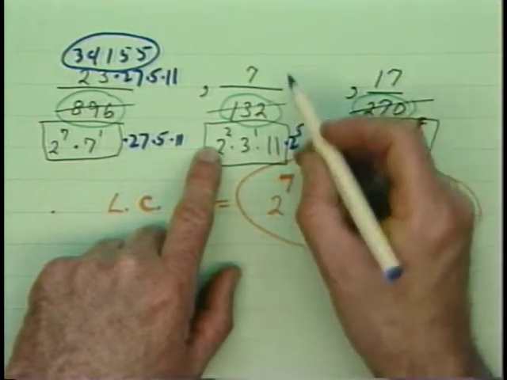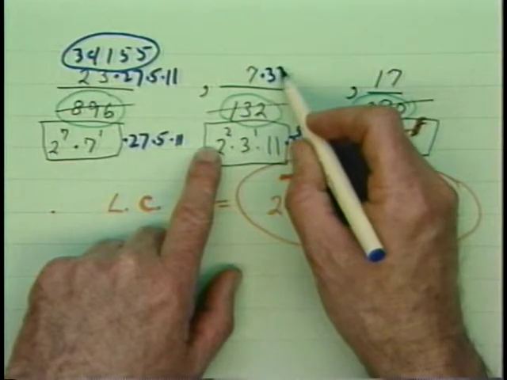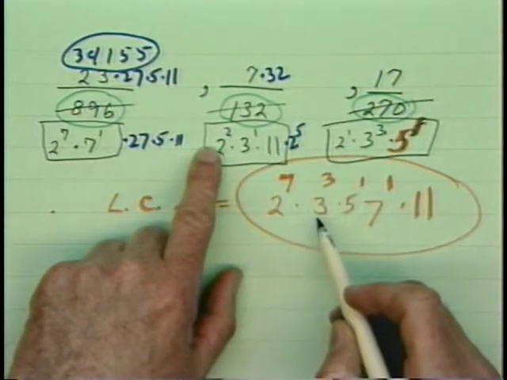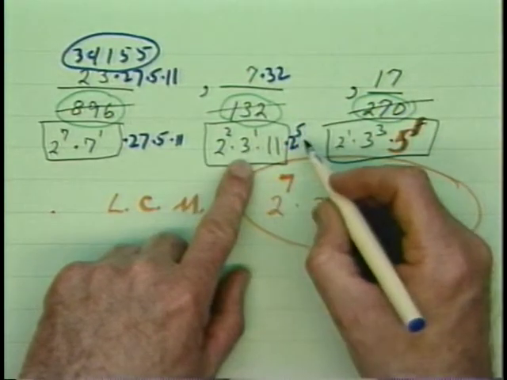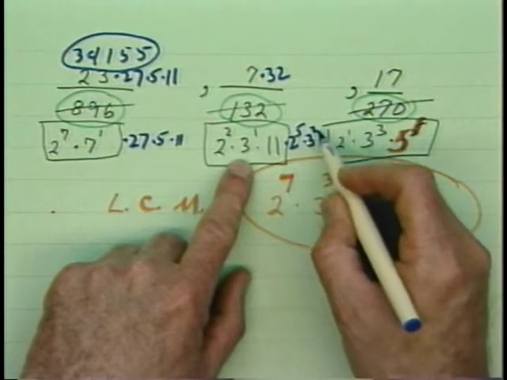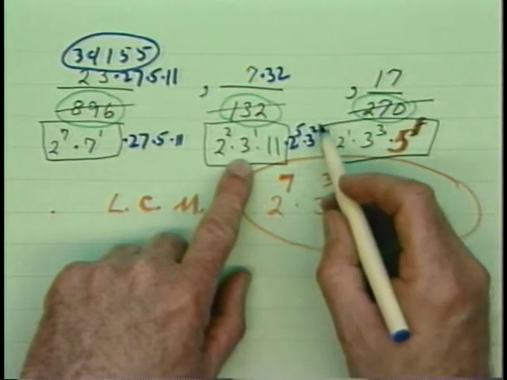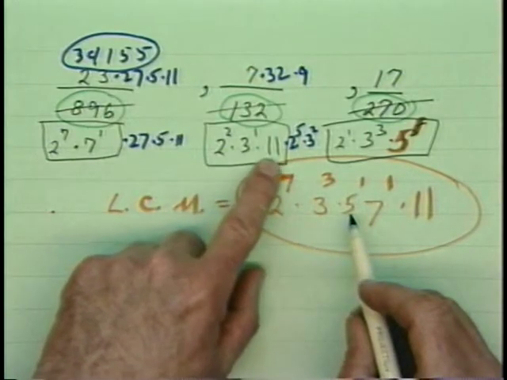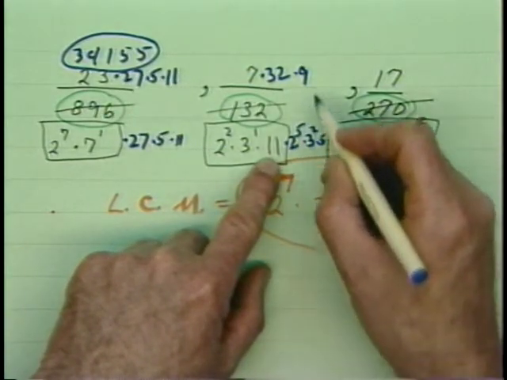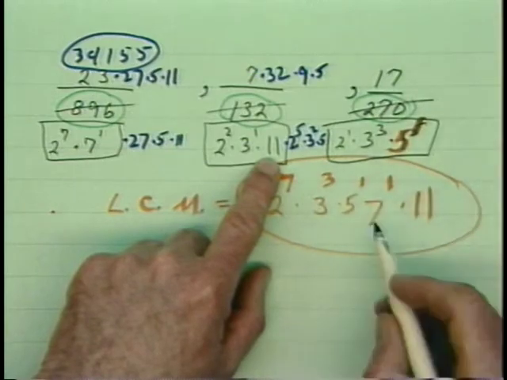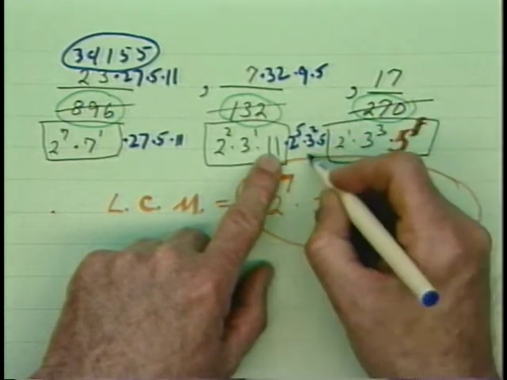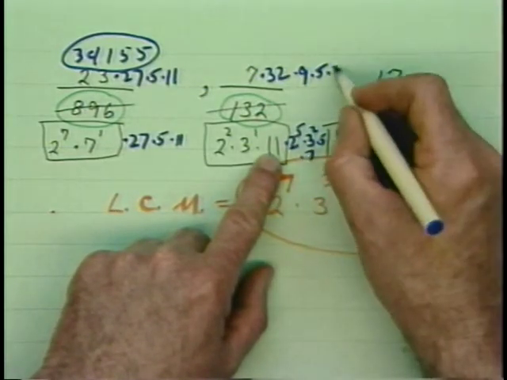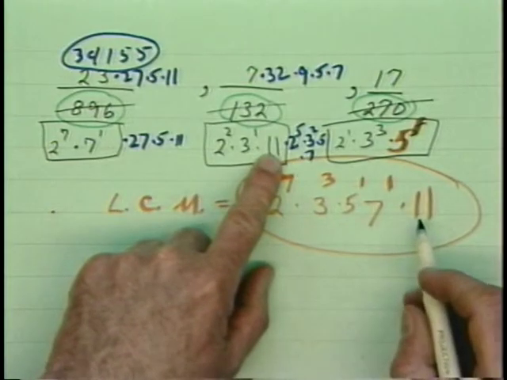But 2 to the 5th, if I multiply it out, is 32. I want 3 3's. I've got 1, so I need 2 more. But 3 times 3 is 9, multiplied out. I want a 5. I want a 7. I'll put it down here. I want an 11, and I've got it.